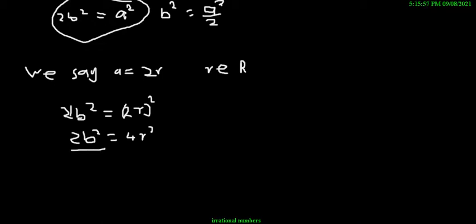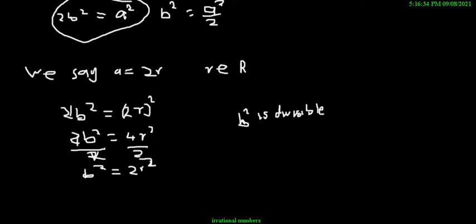We divide this by 2, and what we have is b squared is equal to 2r squared. Now again, what you notice here is that b squared is also divisible by 2.